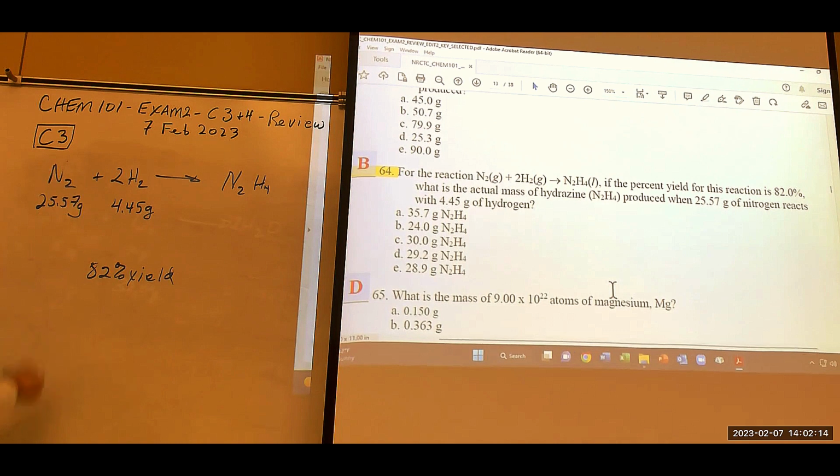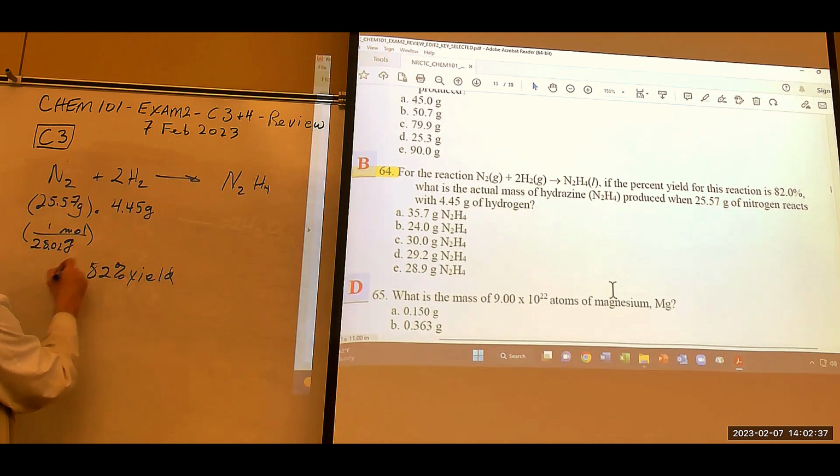So how many moles is this? Well, let's see. We need grams on the bottom, moles on the top. So nitrogen would be 28.02, because each one is 14.01. Look it up.